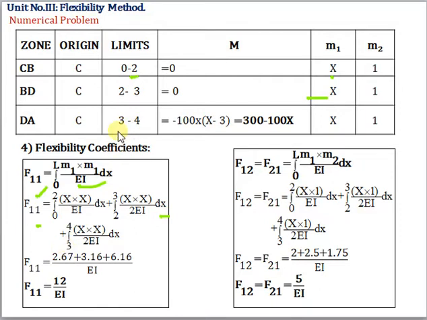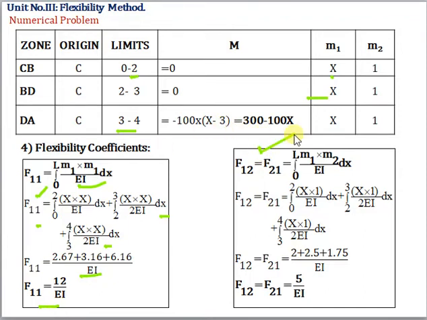Third zone is DA, limit 3 to 4, with M1 value x, x into x divided by 2EI into dx. By solving this, we have F11 equal to 12 divided by EI.